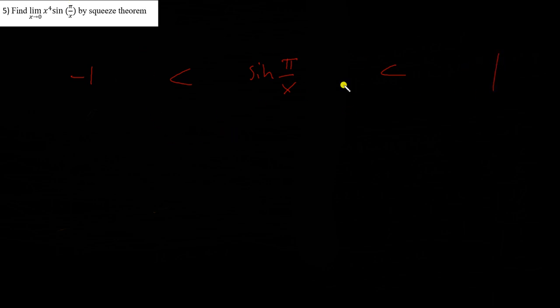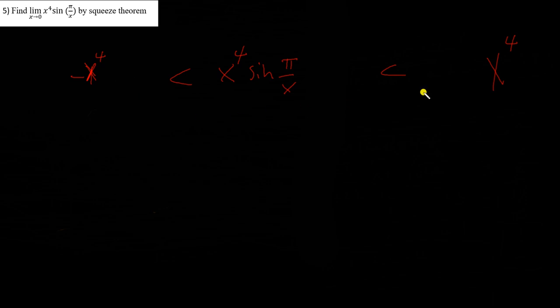And so now that we've gotten this inequality set up, the only thing that's left is to plug in the different parts of our function. So I can multiply everything here by x to the 4th. Then I'm going to get negative x to the 4th is less than x to the 4th times sine of pi over x, which is less than x to the 4th, right?